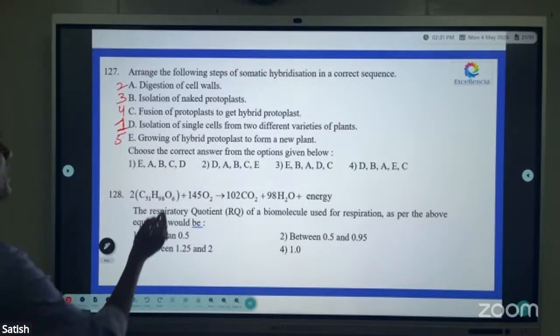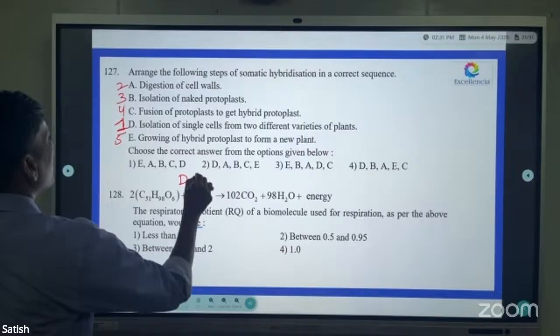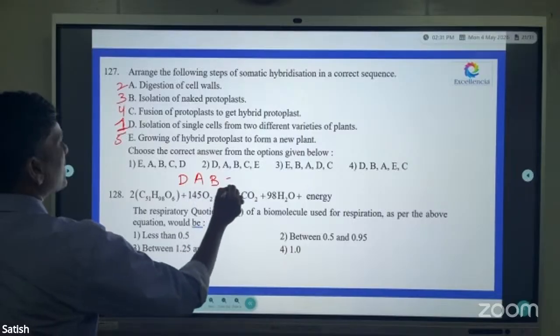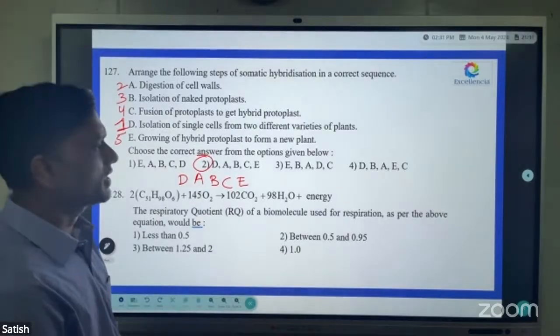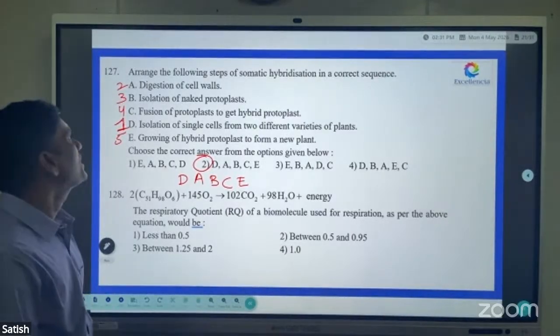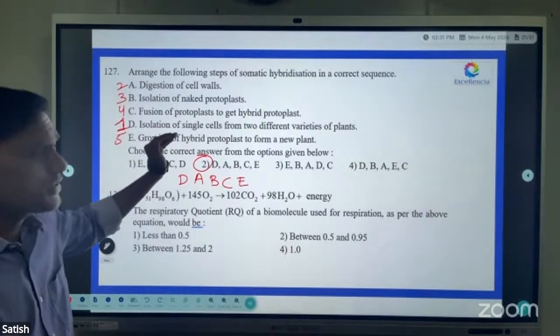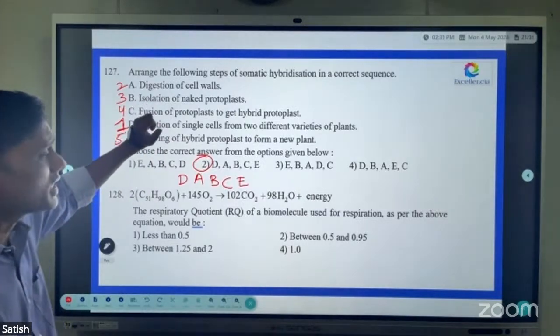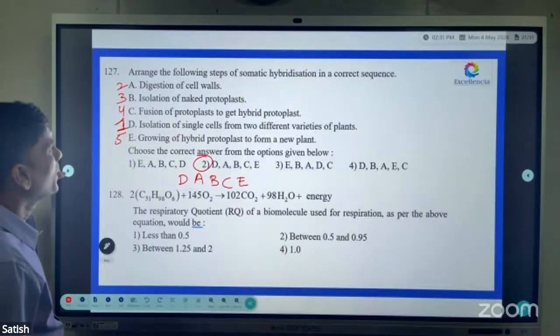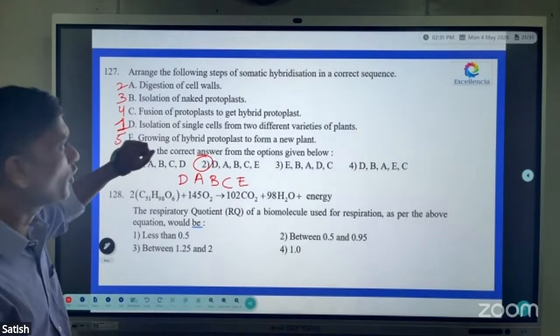So the answer is D, A, B, C, E. Second option is the correct answer. So the first step is isolation of single cells. Second one is digestion of cell wall by using enzymes, cellulases. Third one is isolation of naked protoplast.